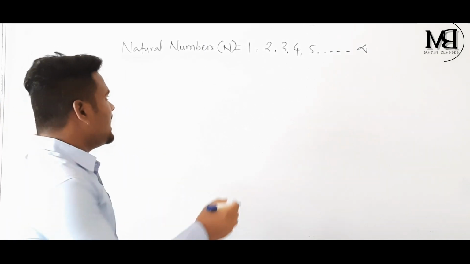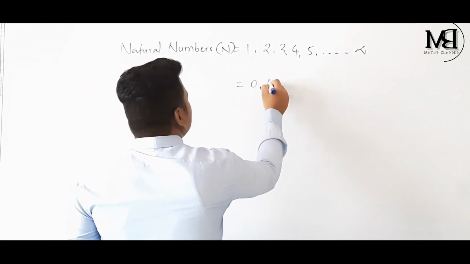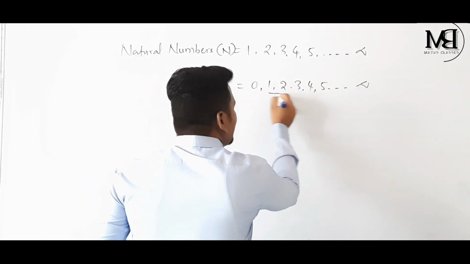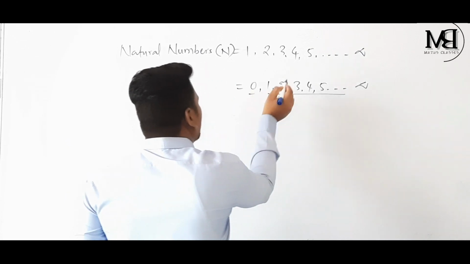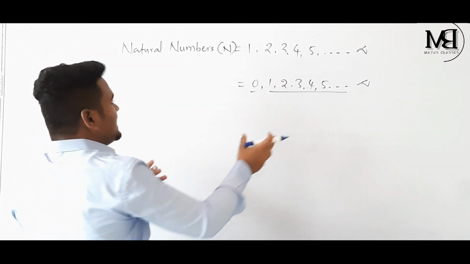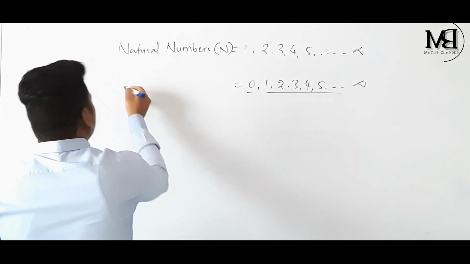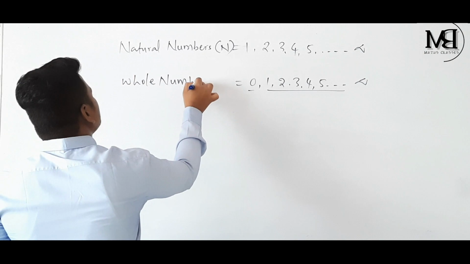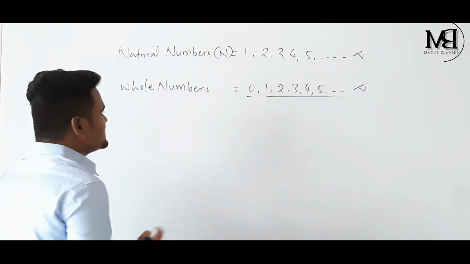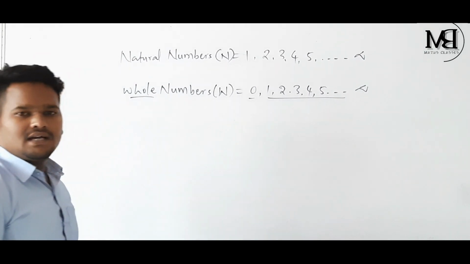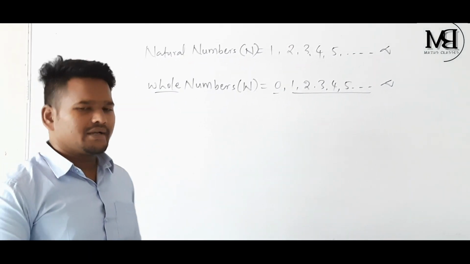We made 0 and added it to the natural number set. To the natural numbers we have added 0, and we get a special name for this new set of numbers, that is whole numbers. These whole numbers are denoted by capital W, as the word whole starts with W.